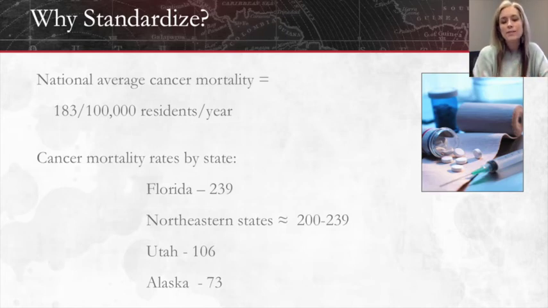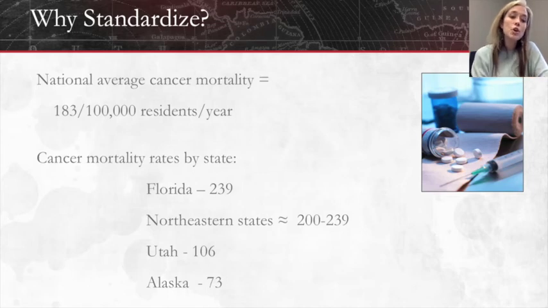But what happens? Well, basically, you know that a lot of people, when they go to retire, move to Florida. And so actually, is it really appropriate to compare cancer death rates in Florida to an Alaska population, because ultimately the age structure of the population in Florida is a lot older on average than in Alaska.